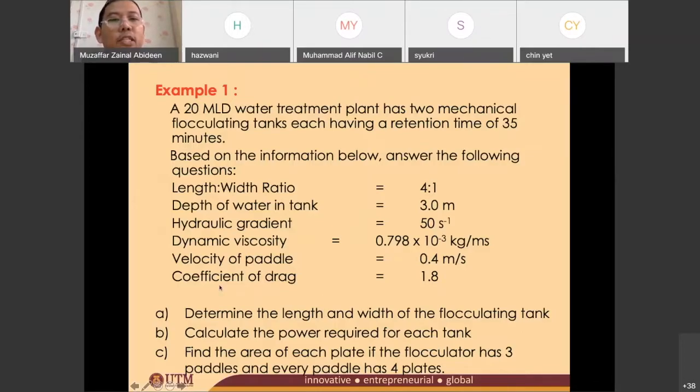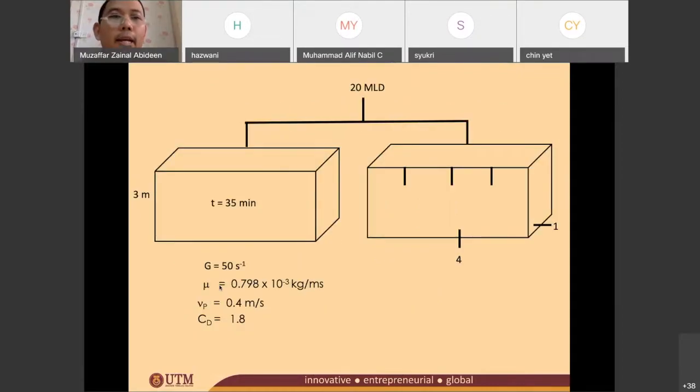You have already got the depth, so if you can find the length and the width, you'll be able to find the volume. So it'll be interesting if we can find the volume first.